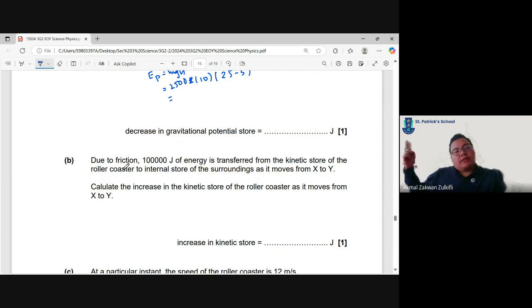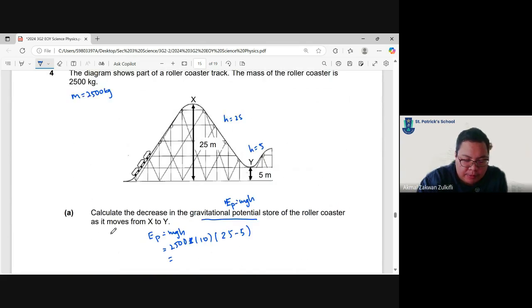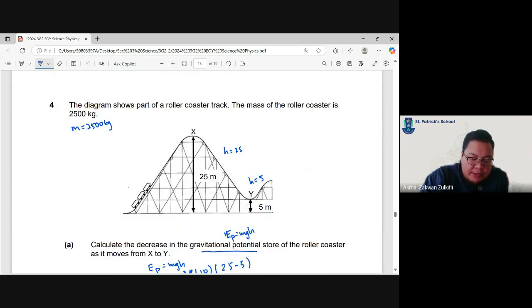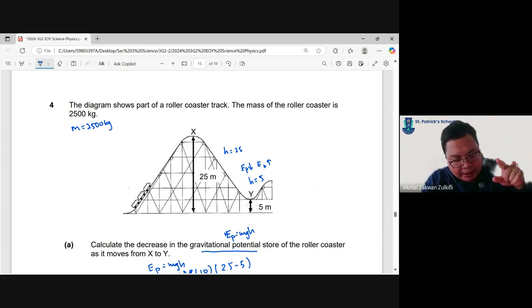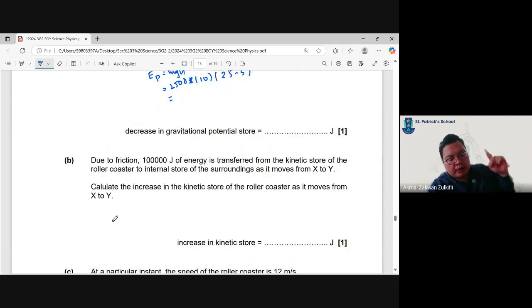So from X to Y, EP is decreasing, EK increases. Ideally, all that's in EP goes into EK. But in this case, it is not ideal.